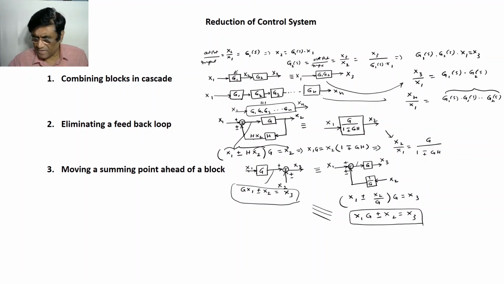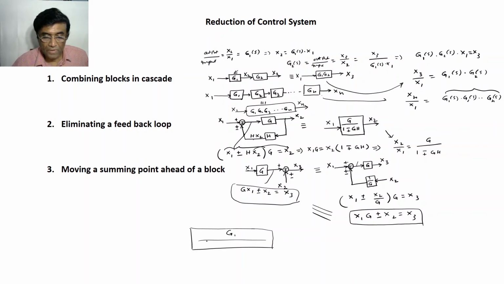And like this, there are some more tools so that in case of a giant system, you can reduce it in the form of a transfer function, g1, g2, g3, and x1, xn.